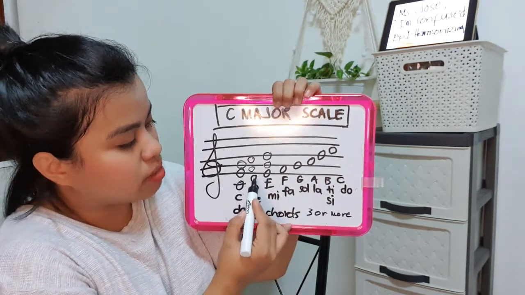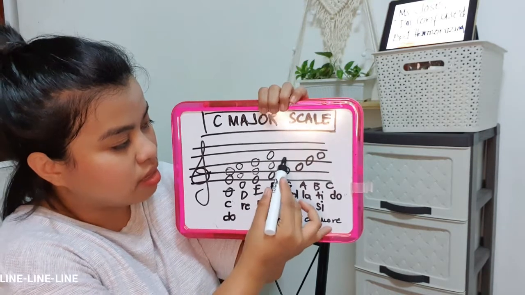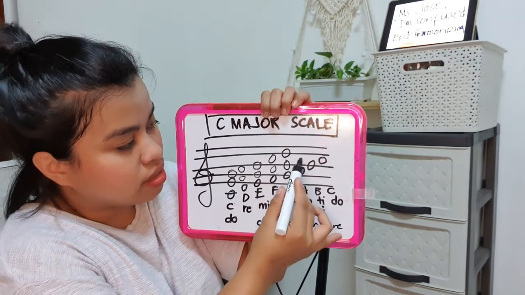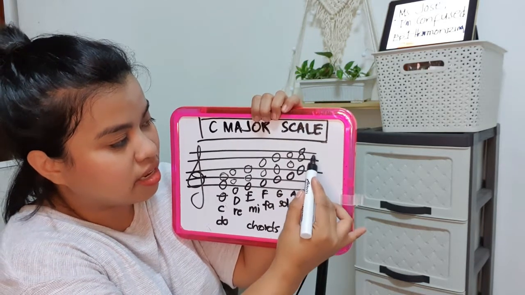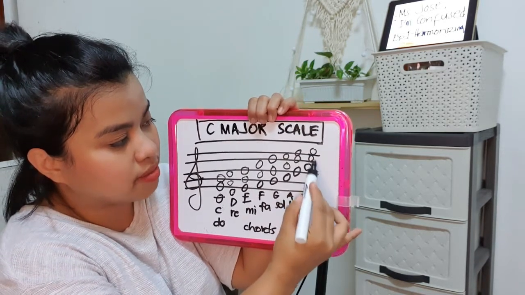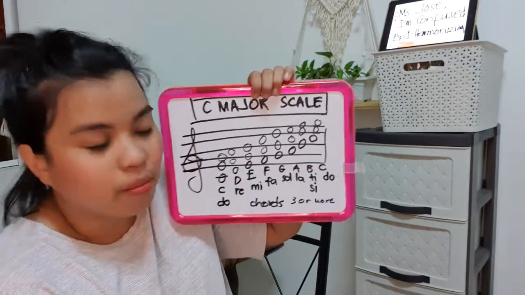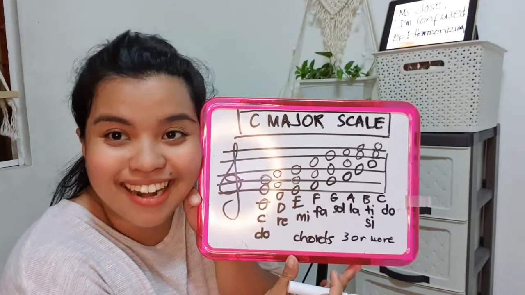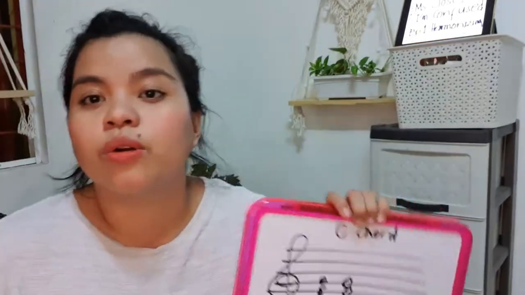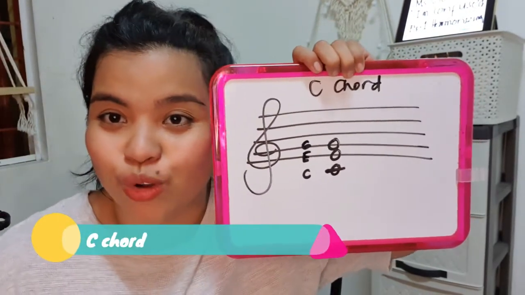Line, line, line, space, space, space, and so on. That's already in harmony. But of course, we'll analyze this first. So, this is the C chord or C major chord.